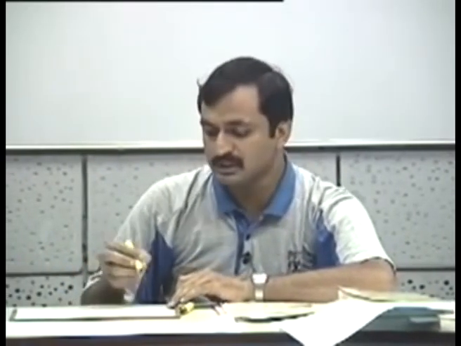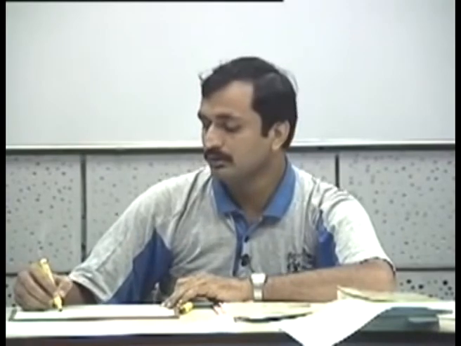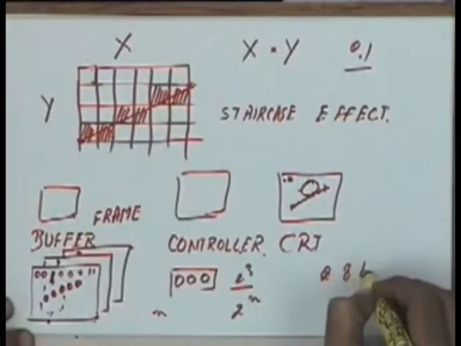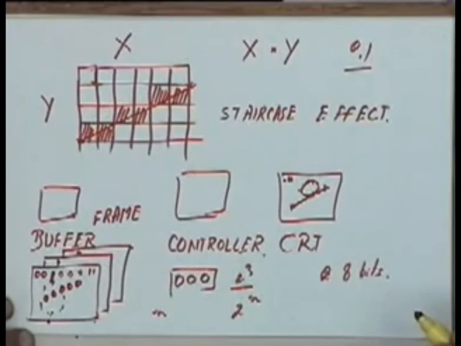So whenever you hear that such and such monitor is capable of 256 colors, that will have 8 buffers. So each pixel will correspond to 8 bits.